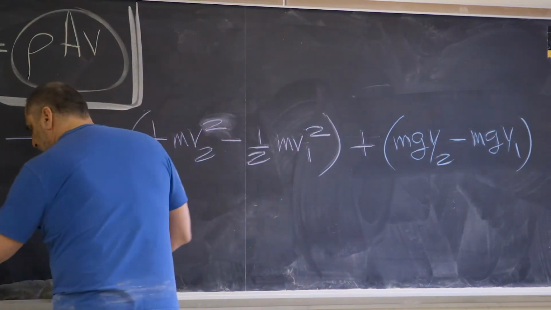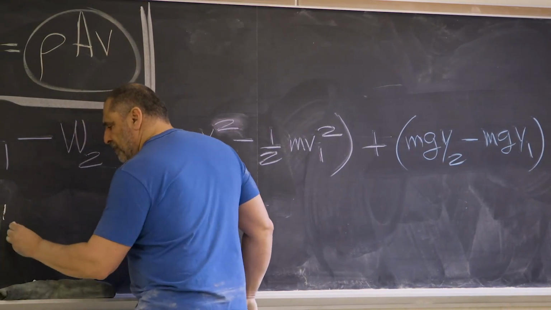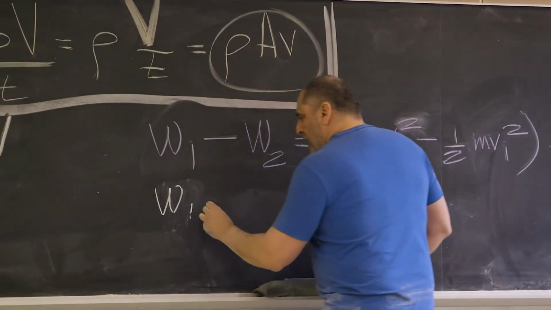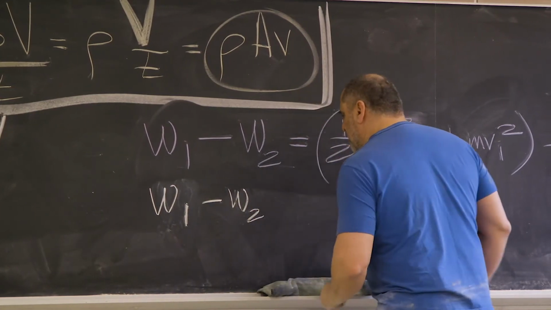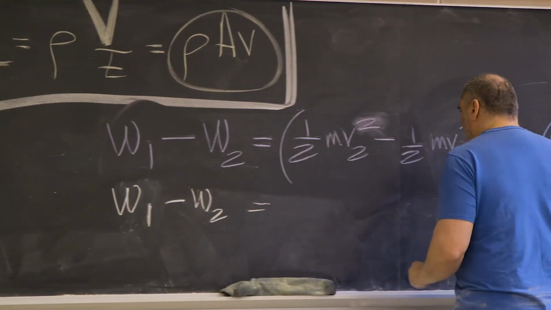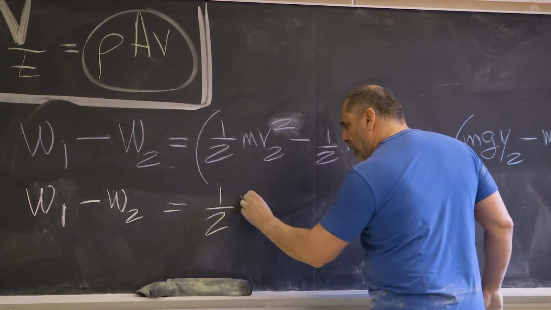So when you look at it, you look at W1 minus W2, and I've got all this. You'll see where I'm trying to go with this in a second.